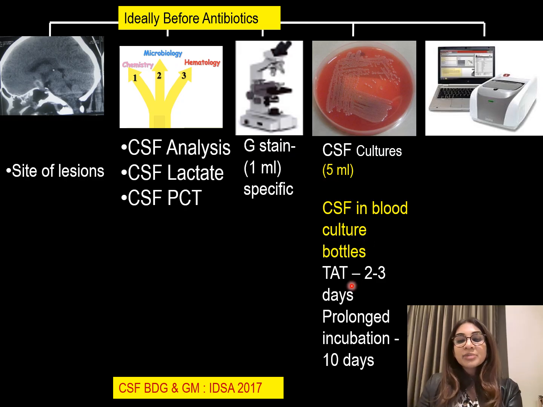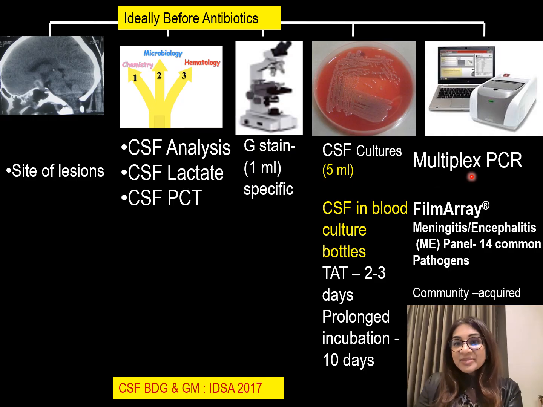The turnaround time is a lot, it's 2 to 3 days, and sometimes it may be kept for prolonged incubation. And that is why, since the cultures and other methods have limited sensitivity, the molecular assays have found a niche area in the diagnosis of community-acquired meningoencephalitis.